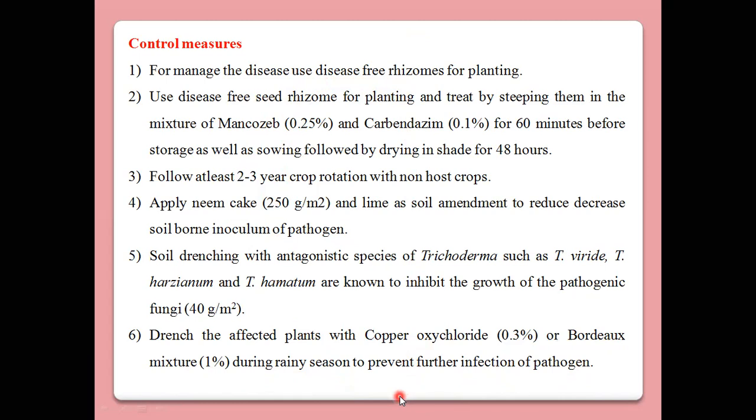So today we already discussed three diseases: in papaya, that is soft rot; damping off of tomato; and rhizome rot of ginger. These three diseases are mainly caused by Pythium pathogens.